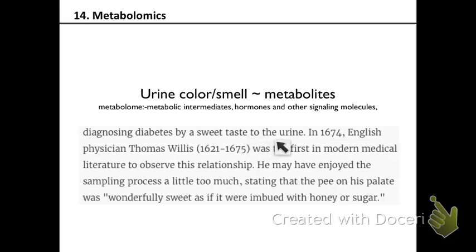You might ask yourself, this sounds pretty telling, that somebody is actually tasting this, right? But that's exactly what it was. So in 1674, an English physician was the first in modern medical literature to observe this relationship, that diabetes is disrupting the metabolites, so that you can actually diagnose it.